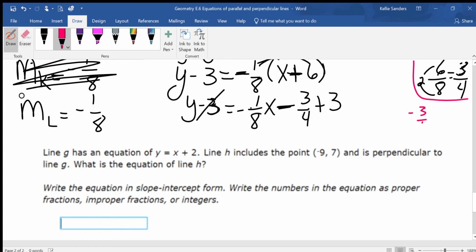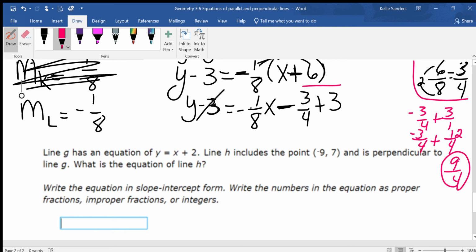Negative 3 over 4 plus 3 over 1. Common denominator is 4. That already has a common denominator of 4, so that stays negative 3. What would be on top of 4 to be the same thing as 3? 12. And 12 minus 3 is 9 over 4.